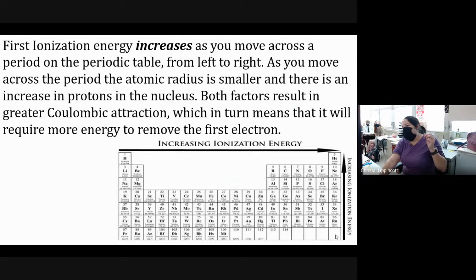It's going to be much greater for OG holding on to that because it's got a much higher effective nuclear charge. More protons are there versus this one. Helium then is going to have the highest first ionization energy. Closest and higher effective nuclear charge versus this guy.